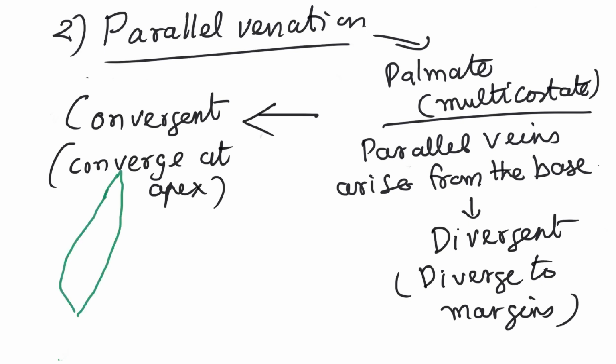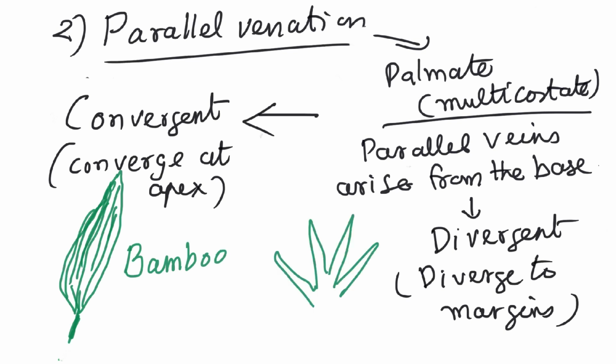And if they are not converging but going towards the margins, then that case is naturally divergent. So first let's have a look at an example of convergent under parallel venation. A very notable and clear example is the leaf of bamboo. Divergent, we have the fan palm or Livistona. So fan palm, you can see that the veins are parallel. They arise from the base, but they are diverging towards the margin. So that's a key point.